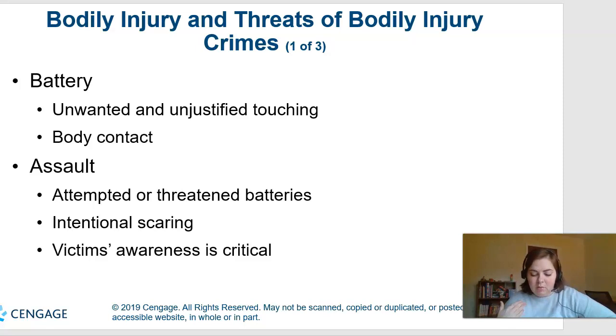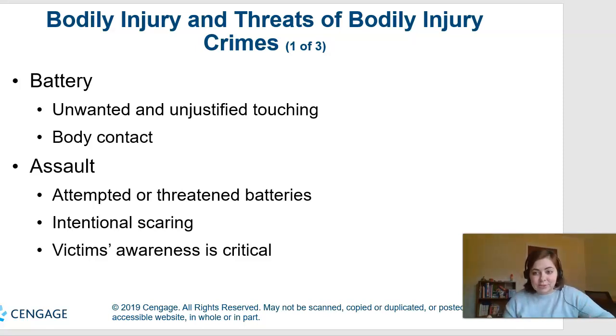Now, the key thing here is not all touching is unlawful. We just saw that husbands can have sex with their wives when they're unconscious. In the first video, spanking your kids, the kids don't want that, but that is not unlawful. But the really important thing here is a battery does require some injury.